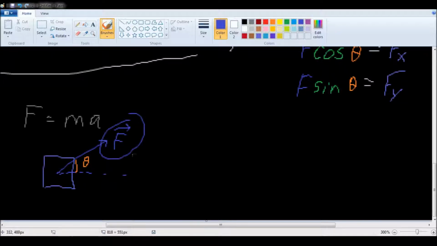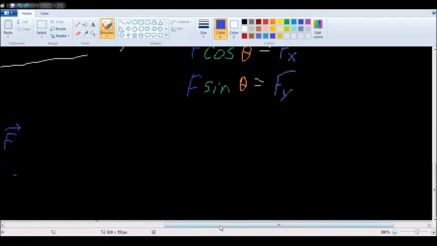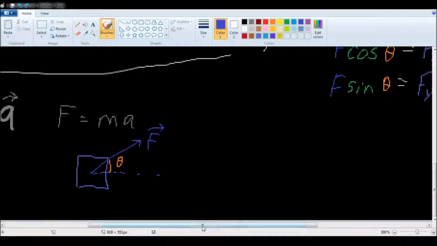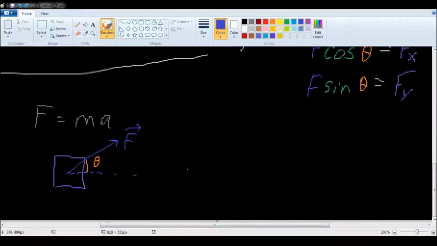The way you can write F, going back up here to the hypotenuse argument, the trigonometry argument, we can use Pythagorean theorem here. We can say the hypotenuse, which has a magnitude of F, squared, is equal to the magnitude of F y squared plus F of x squared.